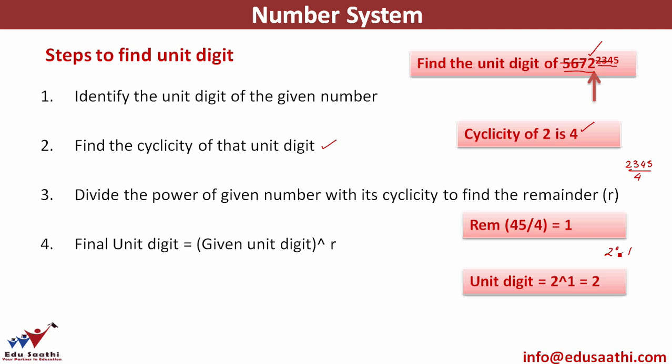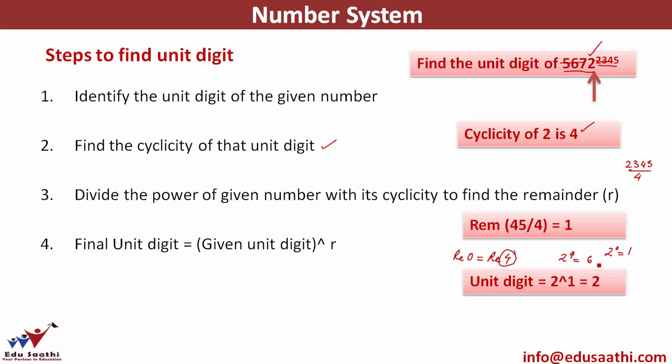It does not end with 1 anytime. So a remainder of 0 is actually equal to a remainder of 4. So my answer in that case would be the answer for 2 raised to power 4, which is 6, and not 2 raised to power 0, which is 1.